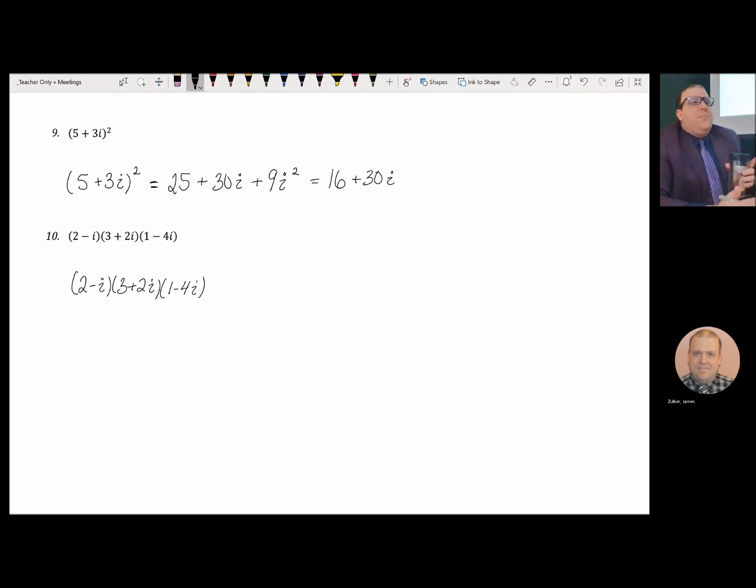Product of 3 complex numbers. Pick 2 and FOIL them. Let's just look at the first 2, right? 6 plus 4i minus 3i, that's minus 2i squared.